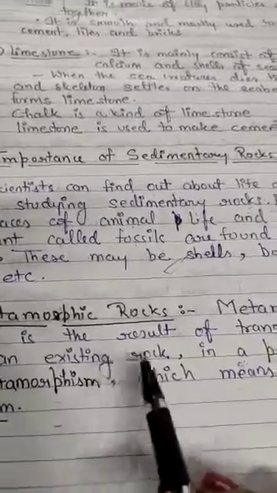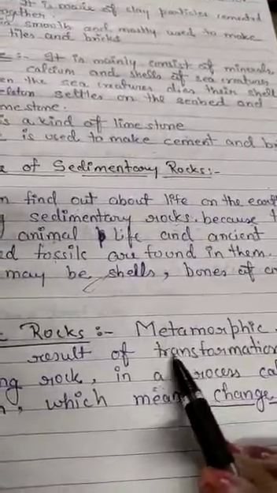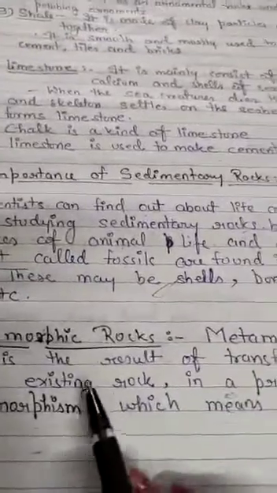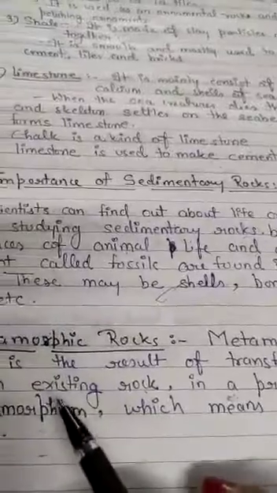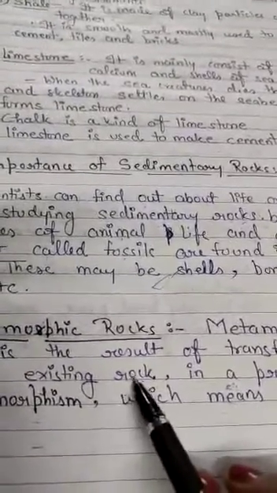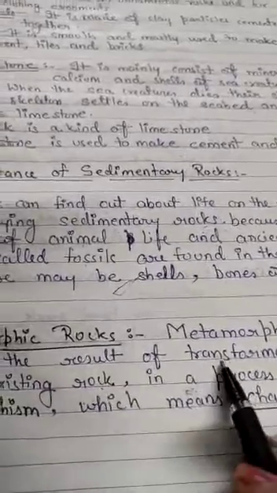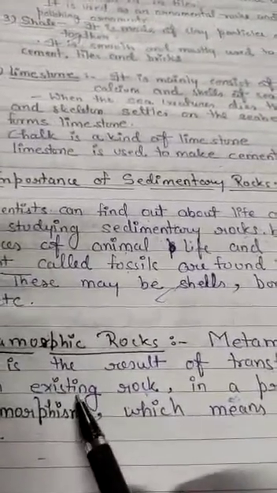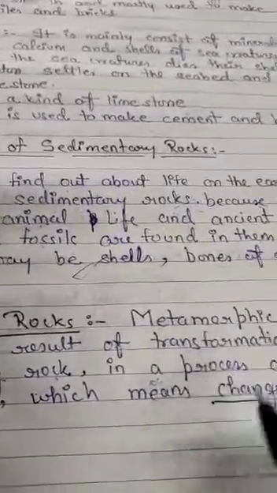What do we mean by existing rock and transformation? The rock which is already present is called existing rock, and transformation means change. So the existing rocks are igneous rock and sedimentary rock, and when change occurs in igneous rock and sedimentary rock, they form the metamorphic rock.